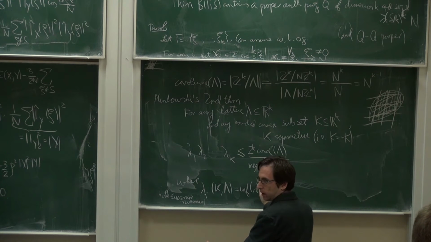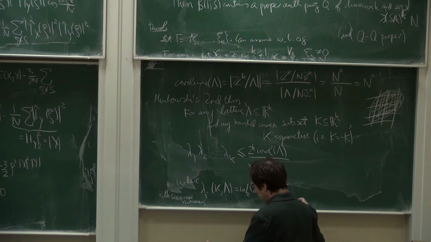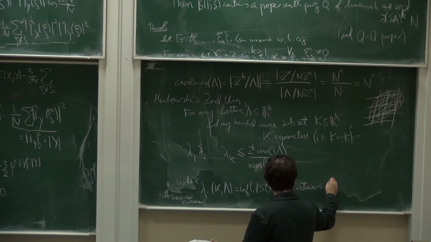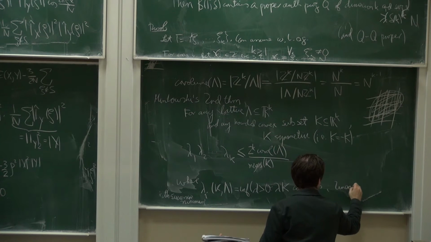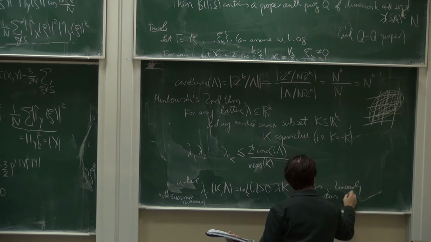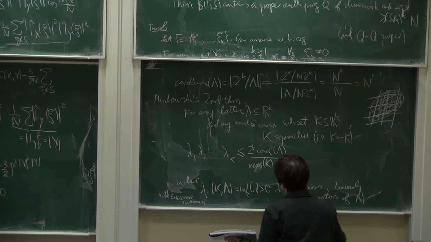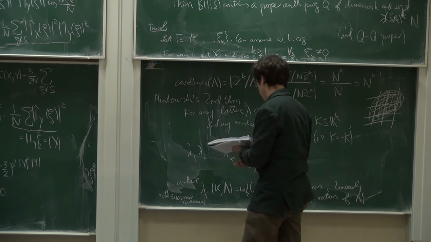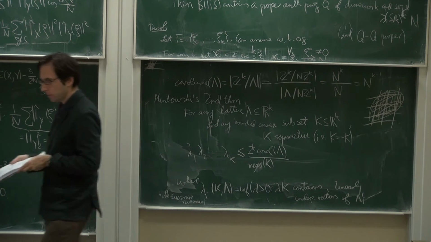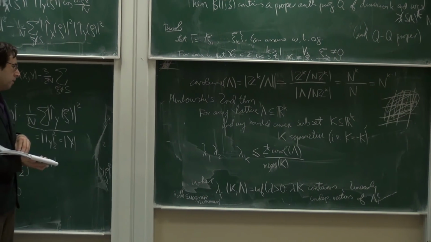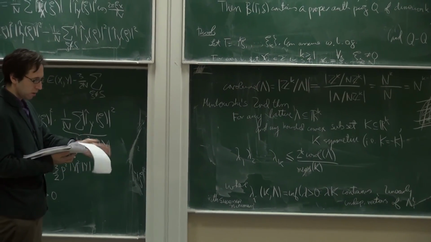So it's the least number such that lambda K contains i linearly independent vectors of the lattice.